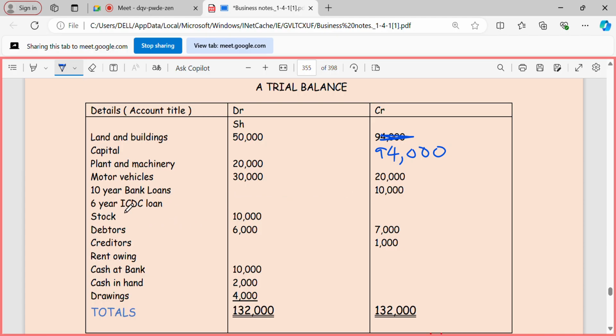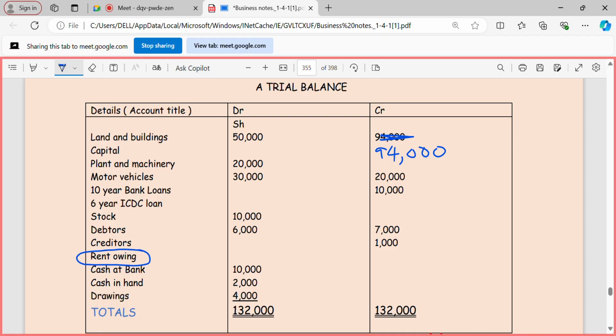For example, look at this, candidates. Land and buildings is an asset, and an asset we record on the debit side. Capital, according to the rules of ledger, we record on the credit side, so this one was to be there, 94,000. Plant and machinery is an asset, we debit it.